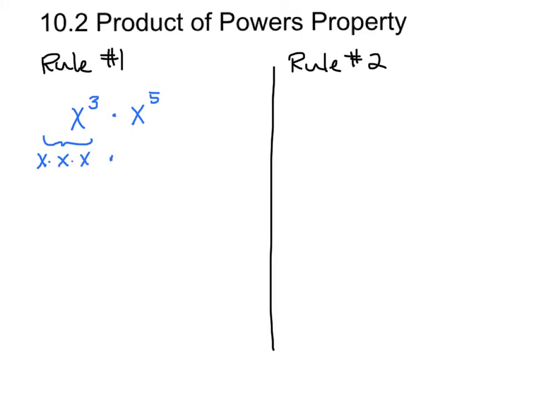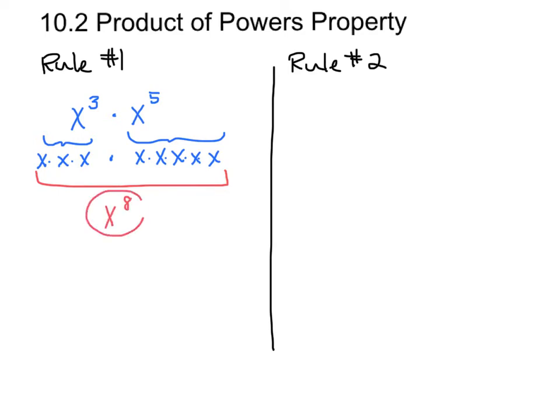The x to the fifth stands for x times x times x times x times x, that is, x times itself 5 times. If we put this all together, how many x's are there? So you can rewrite it as x to the 8th power. So what can you tell me about the powers and then getting an answer of x to the 8th?